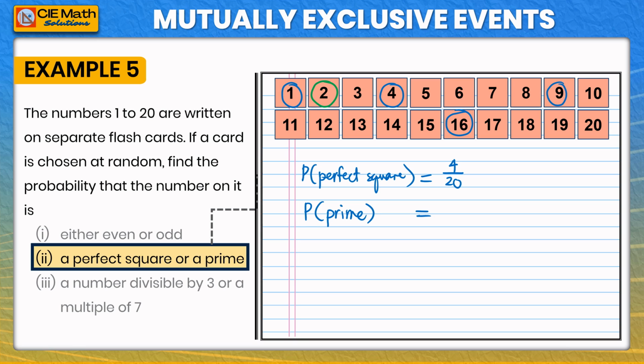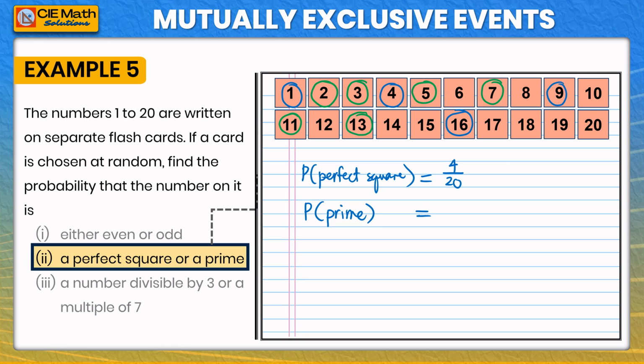The only factors of 2 are 1 and 2. No other factors. The same goes with 3, 5 and 7. 9 is not, because 1 times 9, and 3 times 3. So there are a lot of factors, more than 2. 11: 11 times 1 are the only factors. 13: 1 and 13 are the only factors.